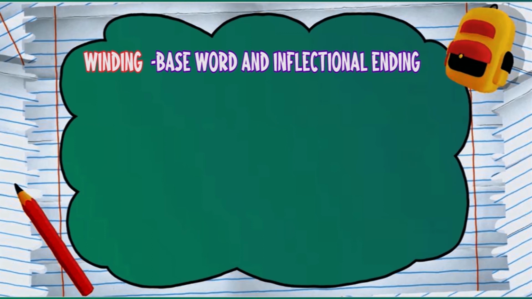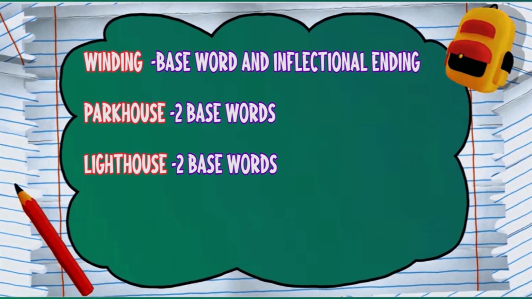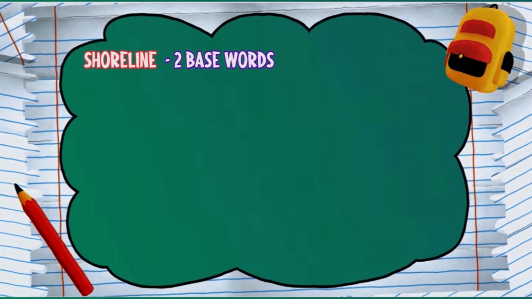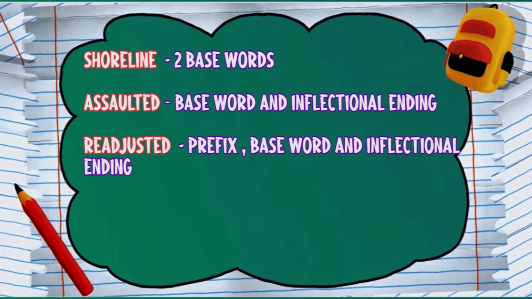Winding. We have a base word and inflectional ending. Park house, two base words as well. Lighthouse, two base words. Silhouetted. We have base word and inflectional ending. Shoreline, two base words. Assaulted, base word and inflectional ending. When we look at readjusted, we have here prefix, base word, and inflectional ending.